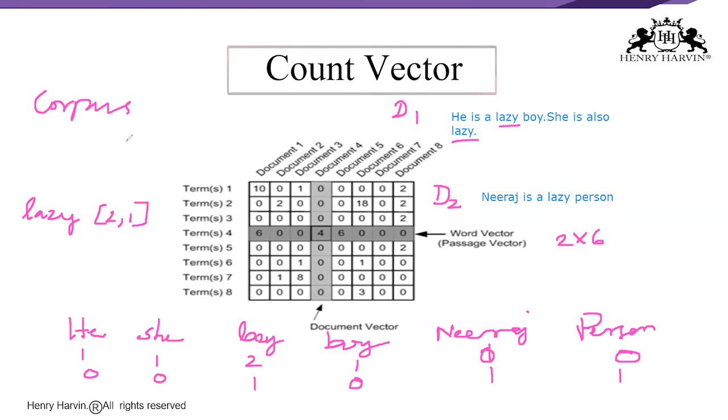So the matrix that will be generated like this will be a very sparse one and inefficient for any computation.